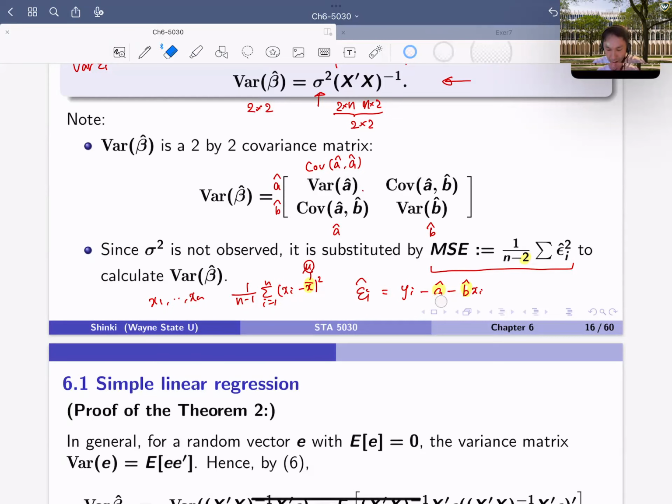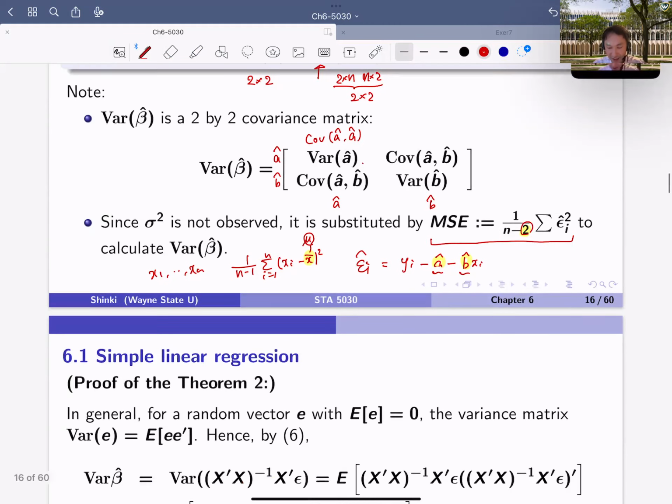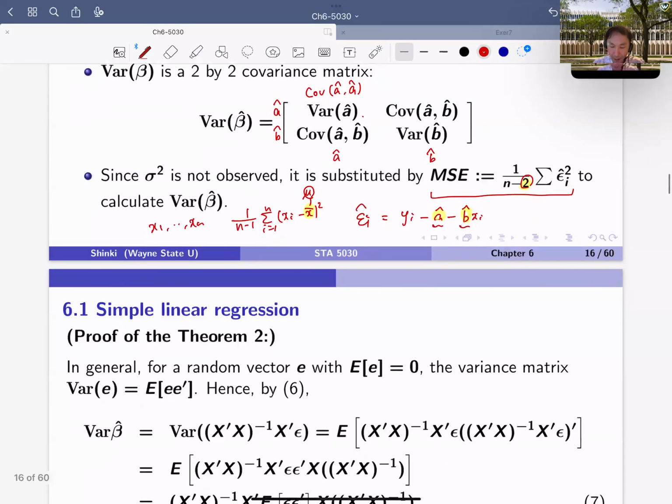And here we lose 2 pieces of information, because we substitute a and b by a hat and b hat. That's why we put 2. I don't explain that exactly, but basically, if we use a hat and b hat, the absolute size of epsilon i square is underestimated. So we need some adjustment term, minus 2 here.